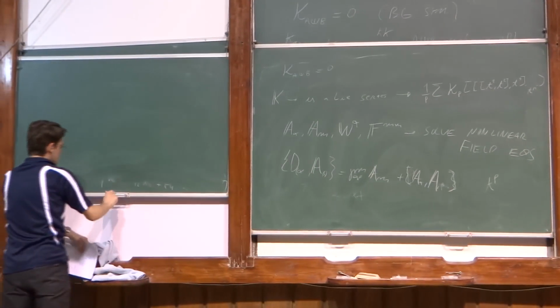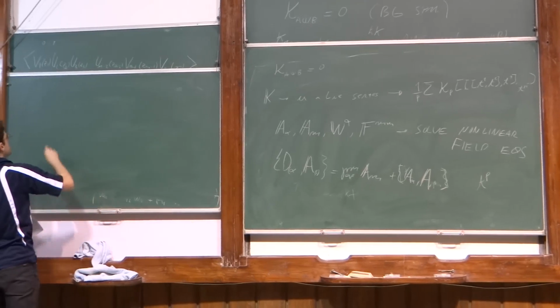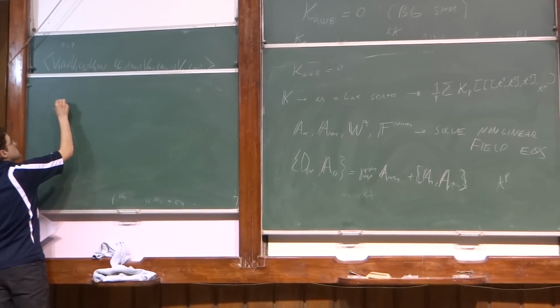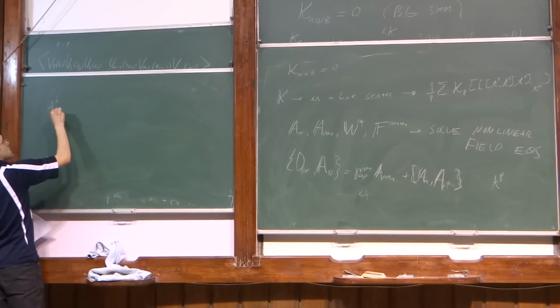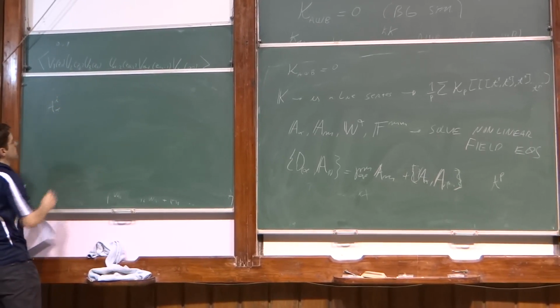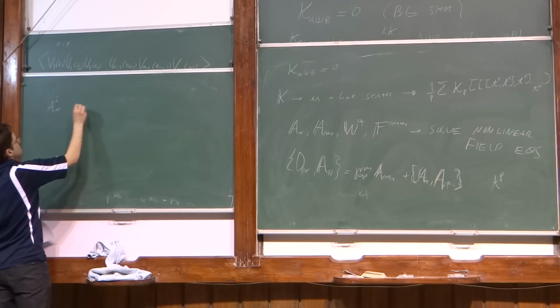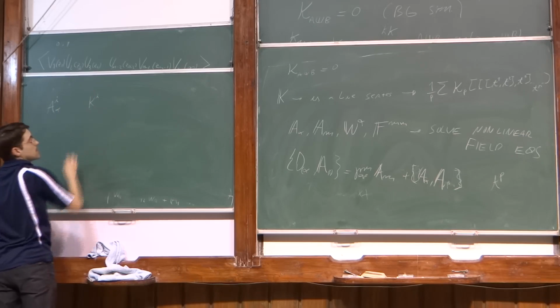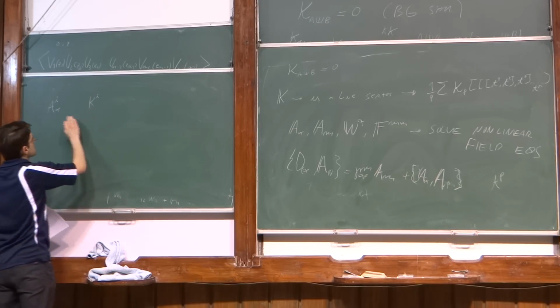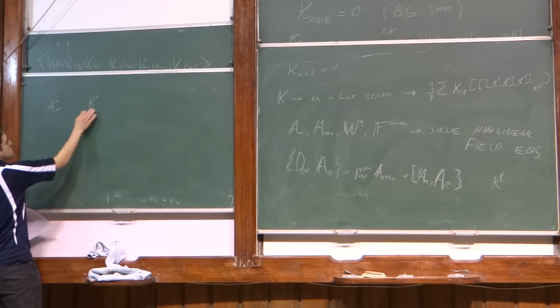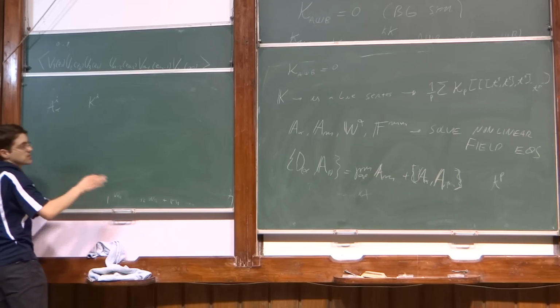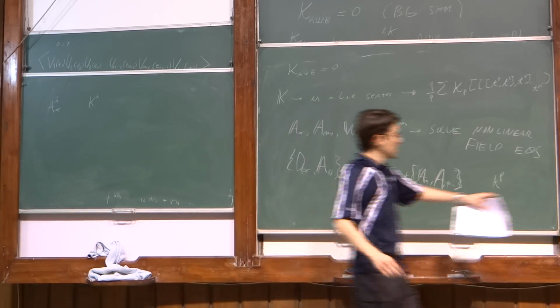In the very beginning, we had the linearized superfields, say with a single particle label I, and the whole set K I. And these superfields satisfy the linearized equation of motion. So it's that equation.